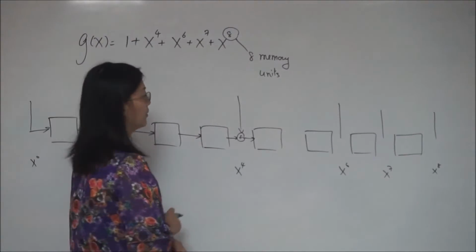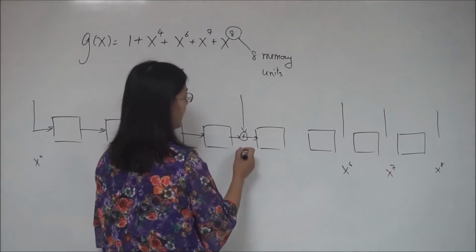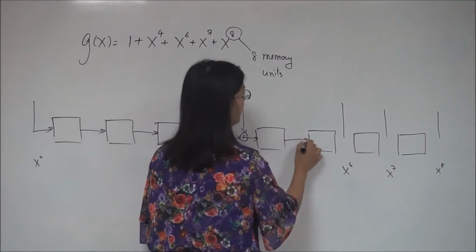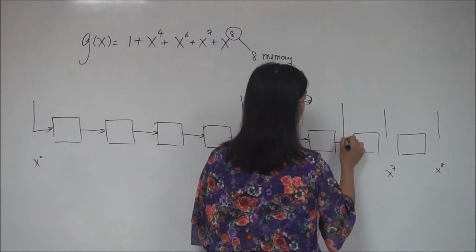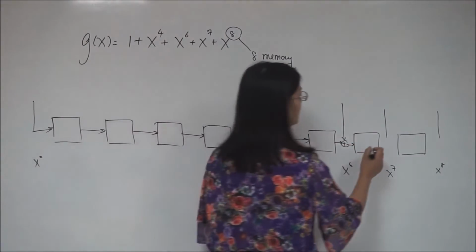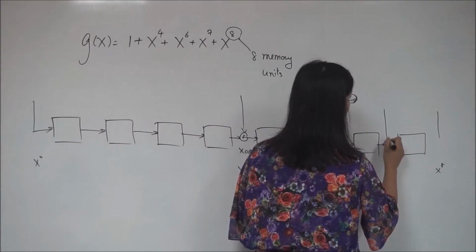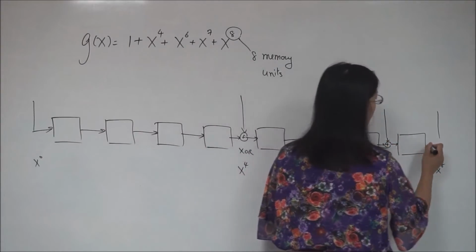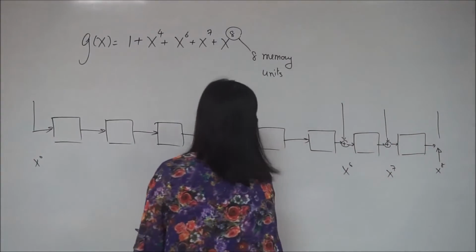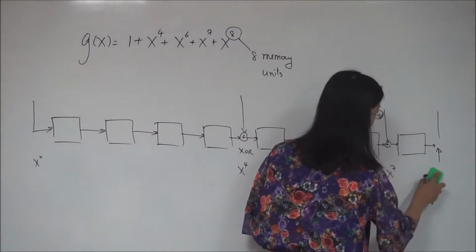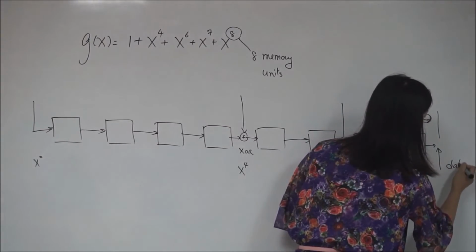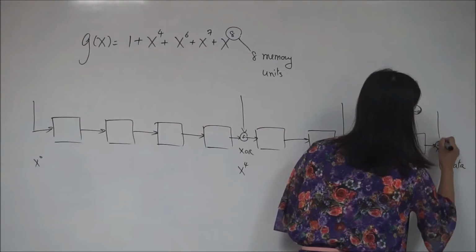Then the next one coming in, but what is coming out here is 1. This one coming out, so 1 plus 1. This is an exclusive OR operation, or the modulo-2 addition, which is like this. This is the operation: same is 0, different is 1.